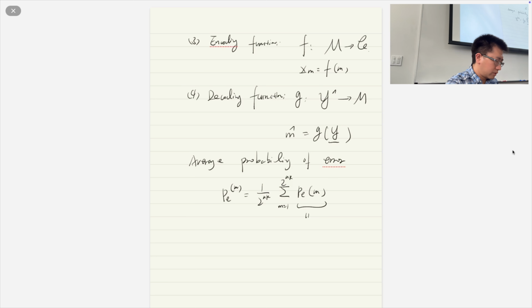So this equals the probability that g(y^n) not equal to m given x^n equals x_m. Okay, very good. So this is basically the definition of a channel code. Very similar as before.